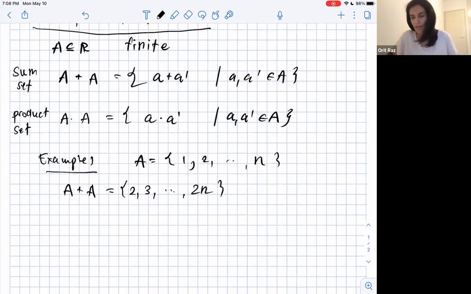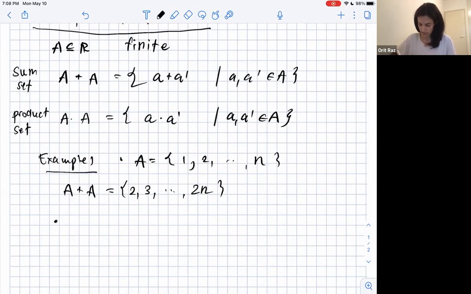So 2n minus 1, but roughly n. So even though we expected in general to have n squared distinct elements in the sum set, we see that for this specific choice, we have only a linear number of elements, linear in n.